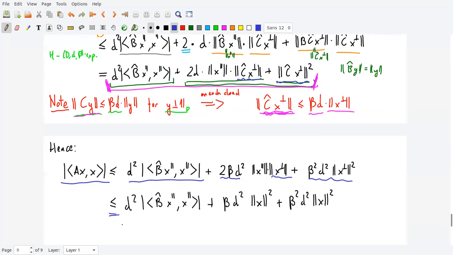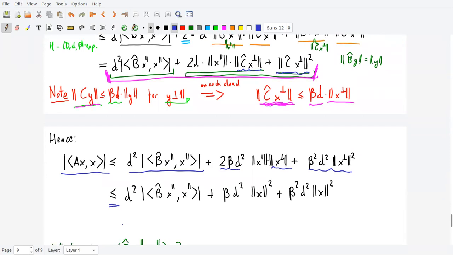Again, just to get rid of all this x perpendicular, x parallel, because I know that x perpendicular is orthogonal to x parallel. This is easy to see. Then I know that 2 times the norm of x perpendicular times the norm of x parallel is upper bounded, by the arithmetic geometric mean inequality, by the sum of squares, which by the Pythagorean theorem is just the square of the norm of x.